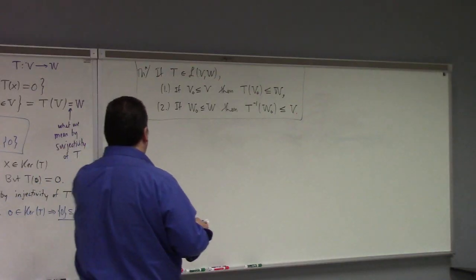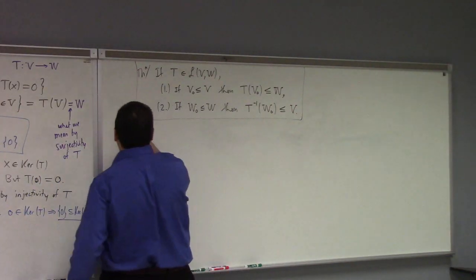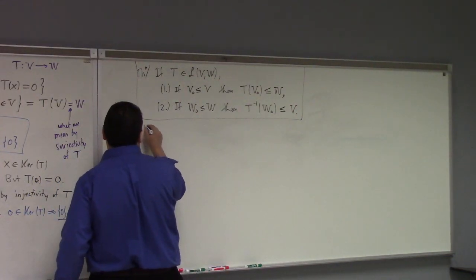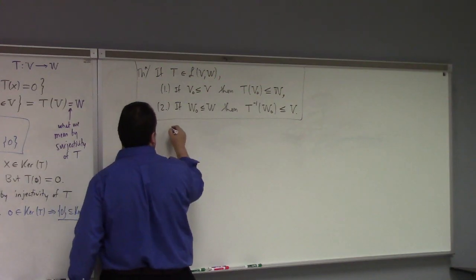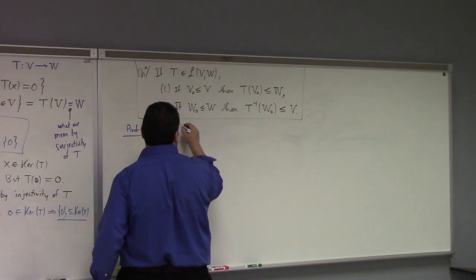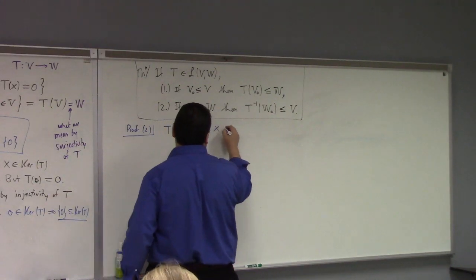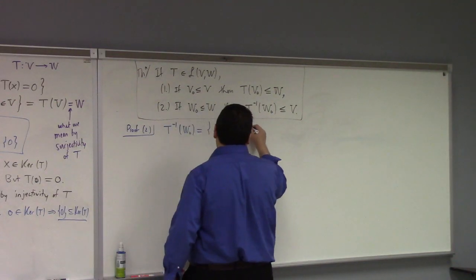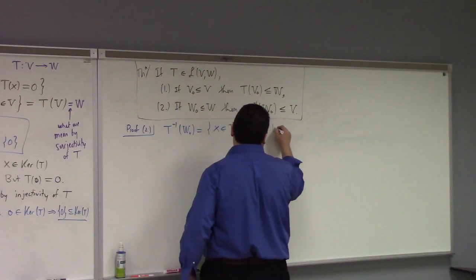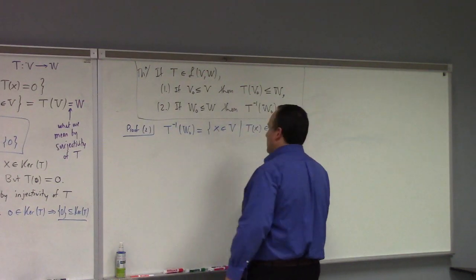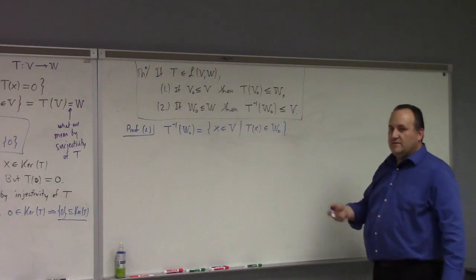So I'll work on the proof of 2, since that's probably the more confusing one. Let's just set things in motion here. T inverse of W naught, by definition, means x in V such that T of x is an element of W naught. It's the set of all elements in the domain which map to W naught.